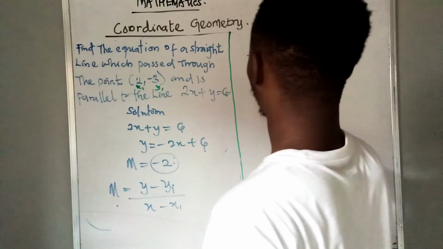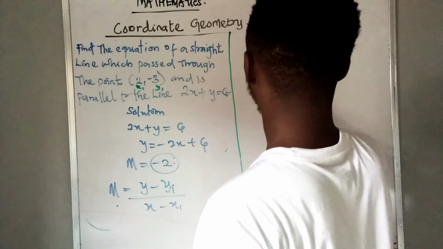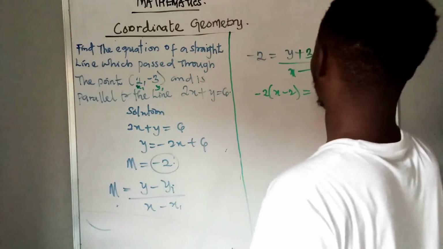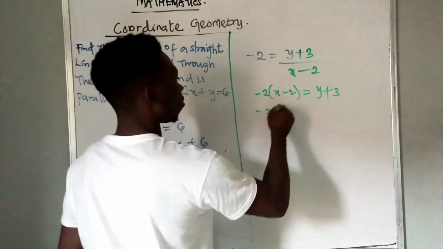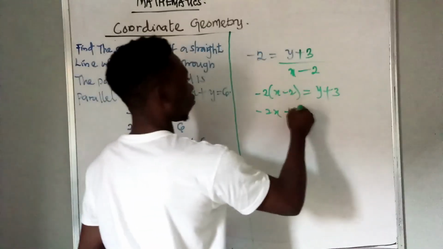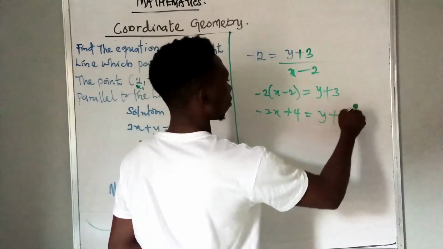So at this junction, cross multiply. Minus 2 open bracket x minus 2 is equal to y plus 3. So minus 2x plus 4 is equal to y plus 3.